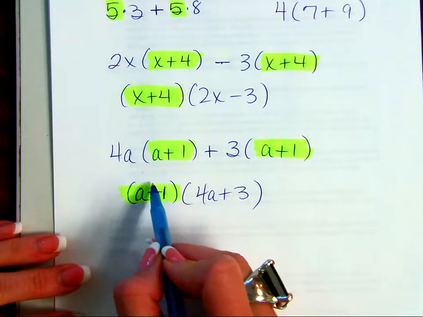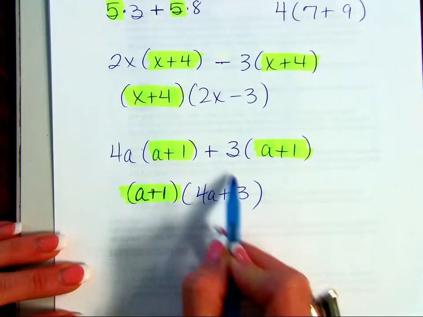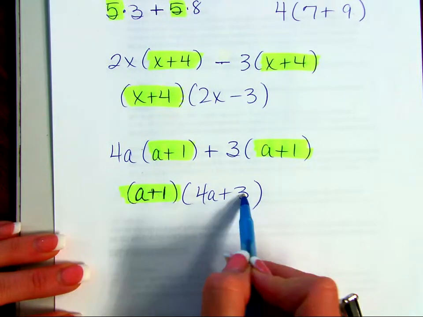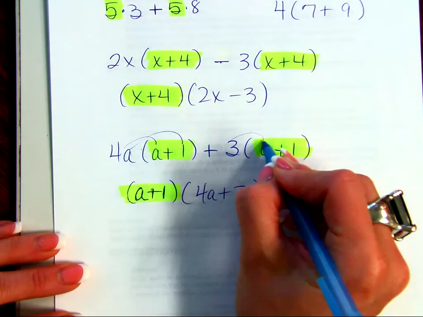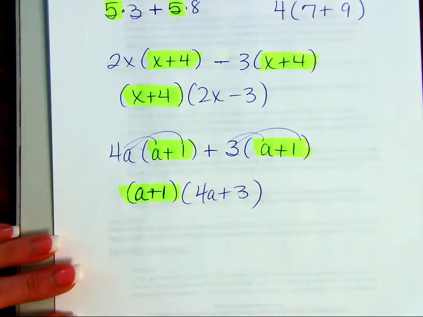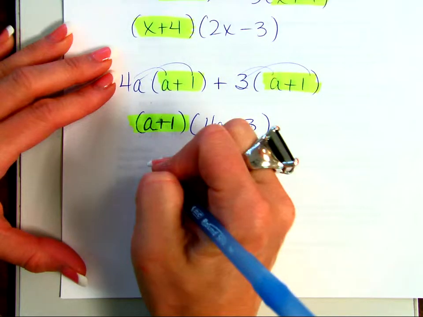Times 4a plus 3. That's it. So you mean to tell me if I were to distribute this out, I'd have a plus 1 times 4a, and a plus 1 times 3. Now, I know what you're thinking. We haven't FOILed, then we would have to FOIL this through, right? Or distribute that through.